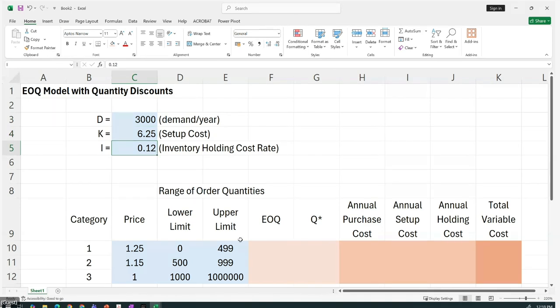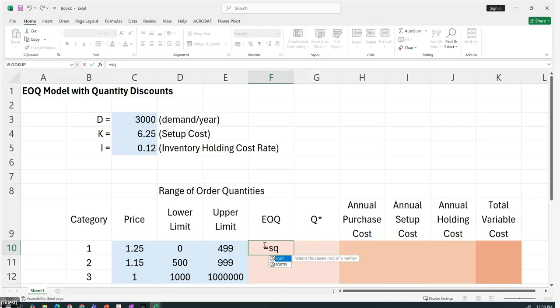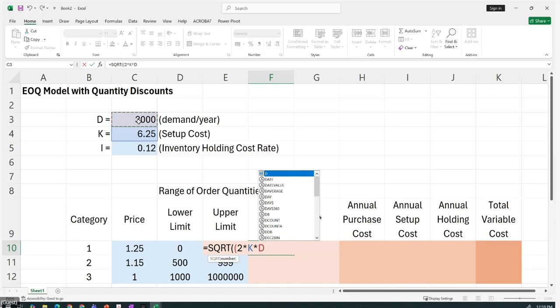Another advantage of naming is the moment you start writing a formula and click and drag, if you use a name, then it will automatically make it as absolute reference. Okay, so let me explain that in detail. So 2 into K into D divided by, as per the formula, what should I write in the denominator? H, holding cost.